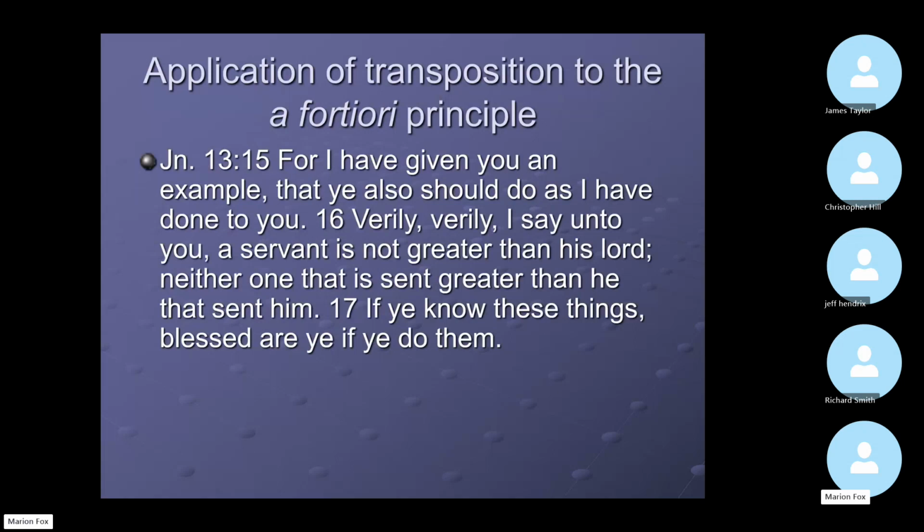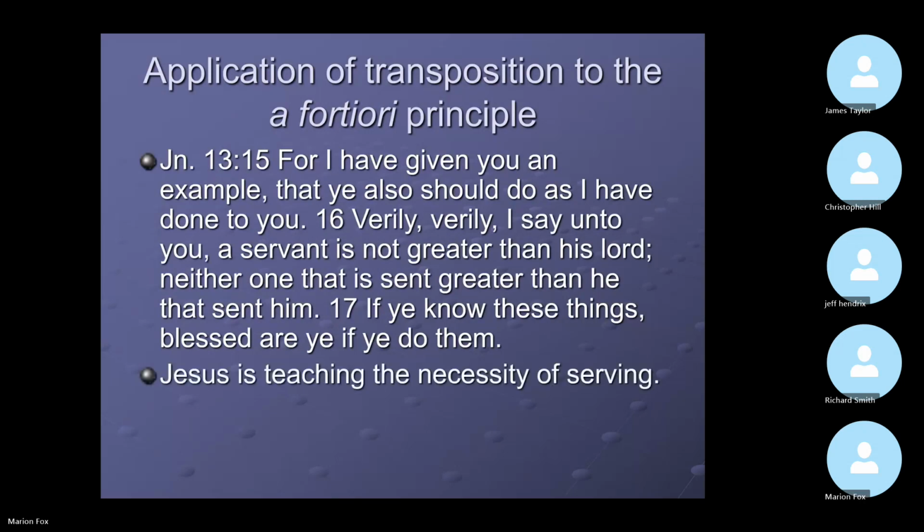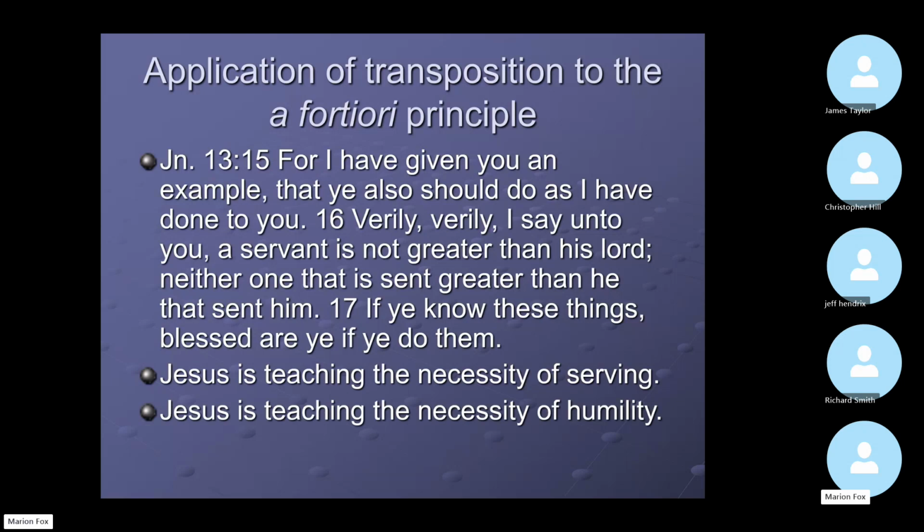And so you should be willing to do that as well yourself. This is teaching the necessity of serving. Teaching the necessity of humility. If I, who am greater, humbled myself to do this, then you should be willing to humble yourself and do whatever you need. Any questions or comments?